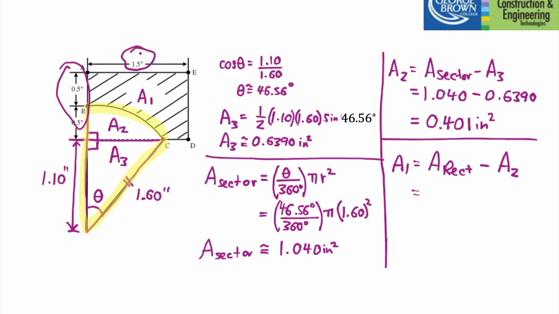So what's 1 times 1.5? So it's 1.5 square inches minus 0.4, and that's accurate to the desired precision that we need. And this is 0.401 square inches.